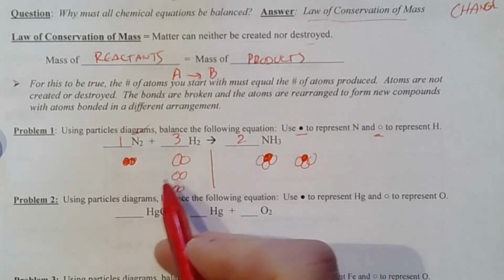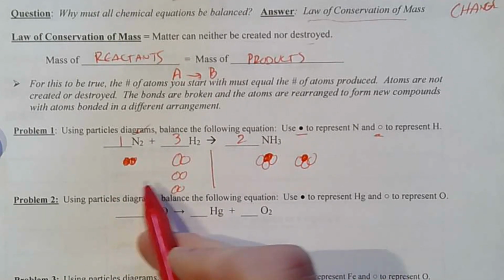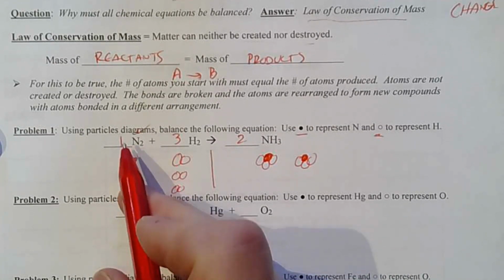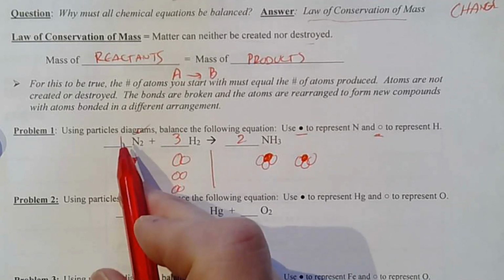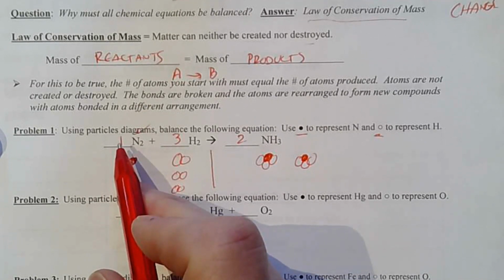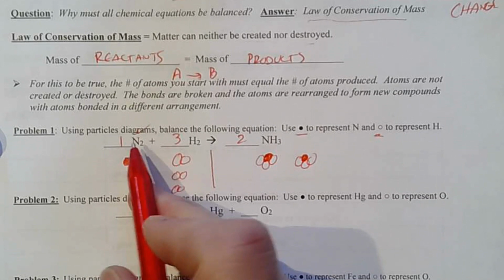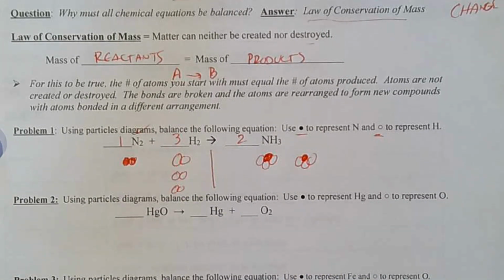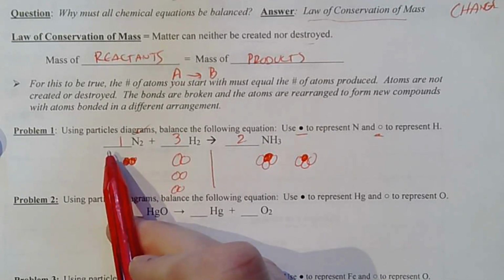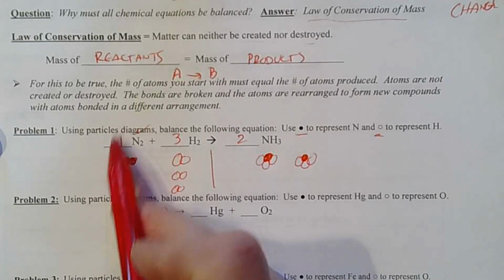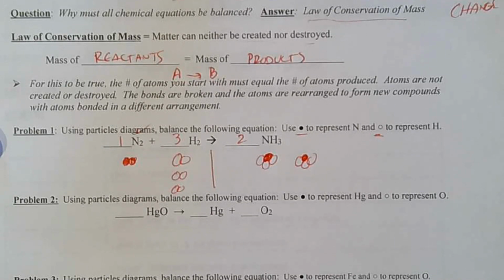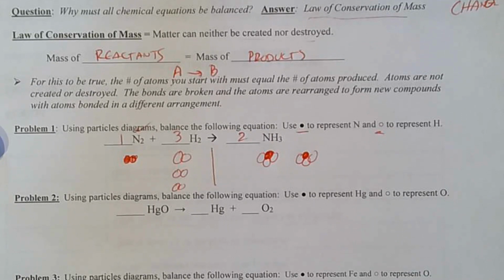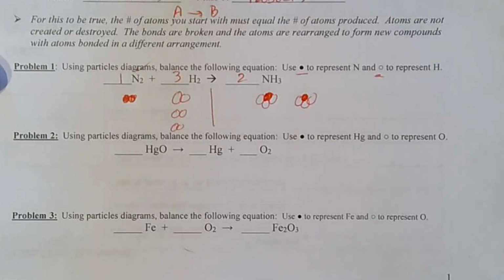Just so that if you're going back and checking your work on a test or a quiz or even a worksheet, when you come to a blank, you don't have to think, wait a minute, did I actually balance that and it's supposed to be a 1, or did I just forget to put something there? So I think it will be in your best interest to just put a 1 so that you know that you've gone through and balanced it. So when you go back and review your work, you know that you've at least done the balancing.